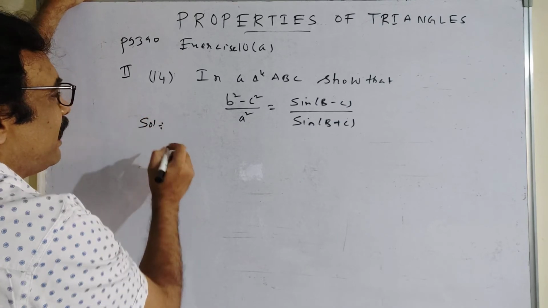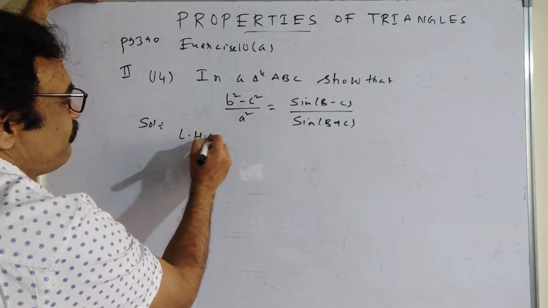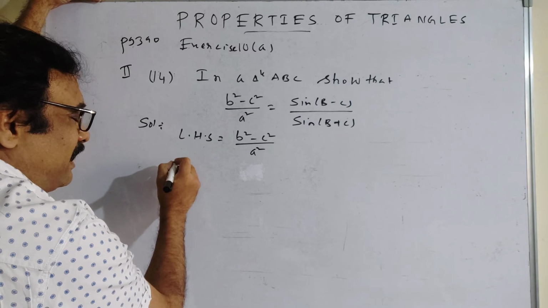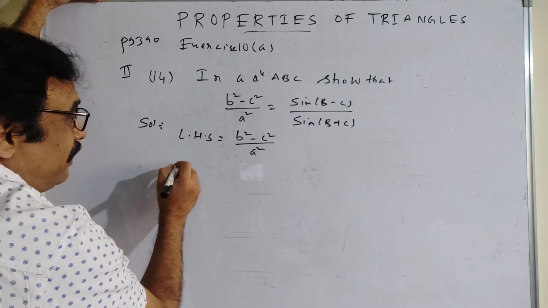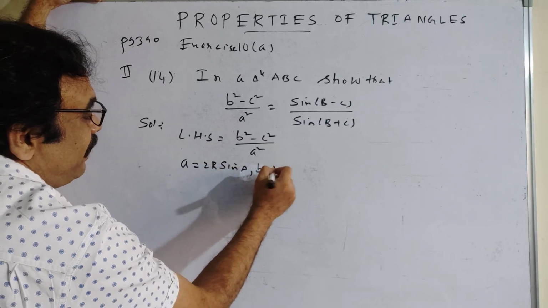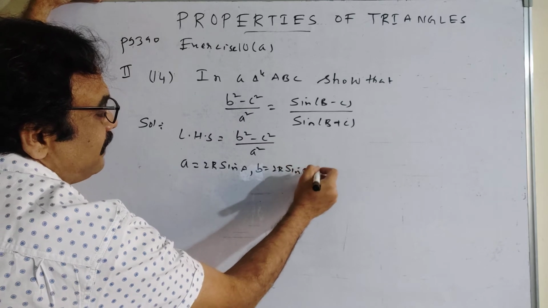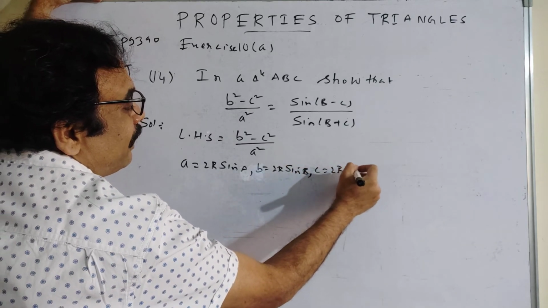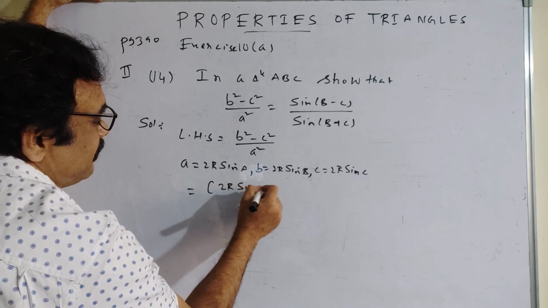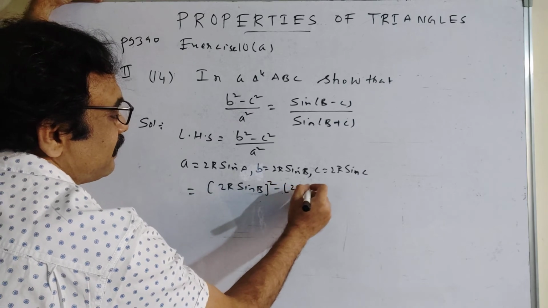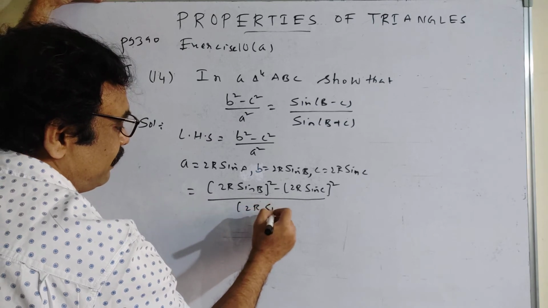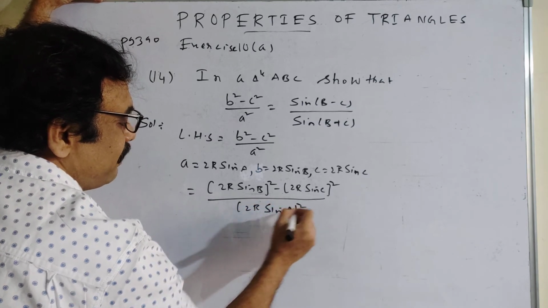Now here I am taking the LHS part. The LHS part is (b square minus c square) by a square. Since the sine law says that a is equal to 2R sine A, b is equal to 2R sine B, and c is equal to 2R sine C, what exactly are you going to write? 2R into sine B whole square, minus 2R into sine C whole square, by 2R into sine A whole square.